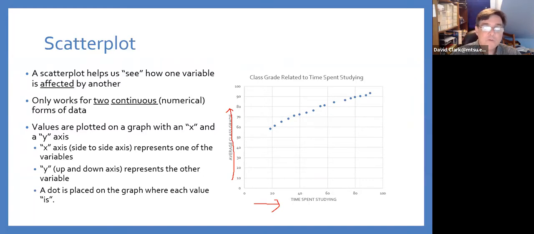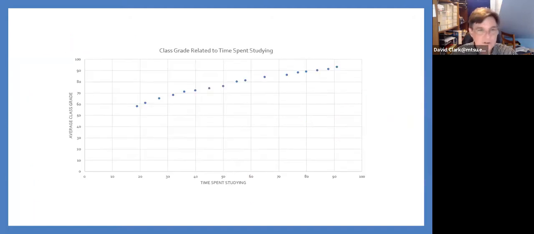Okay, guys. So all this is doing is plotting, when someone studies for 18 minutes, what's their grade? 58. Or when someone studies for 57 minutes, what's their grade? 81. Or when someone studies for 92 minutes, what's their grade?